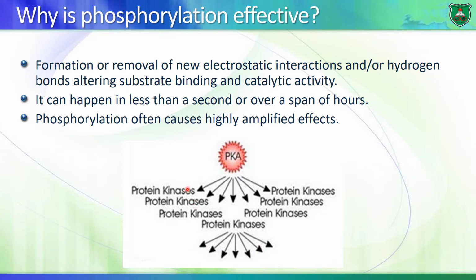Let's say that protein kinase A phosphorylates 10 kinase molecules, and each one of them can phosphorylate 10 other molecules. So now we have 100 proteins that can be phosphorylated downstream of protein kinase A. So you have an amplification effect here.